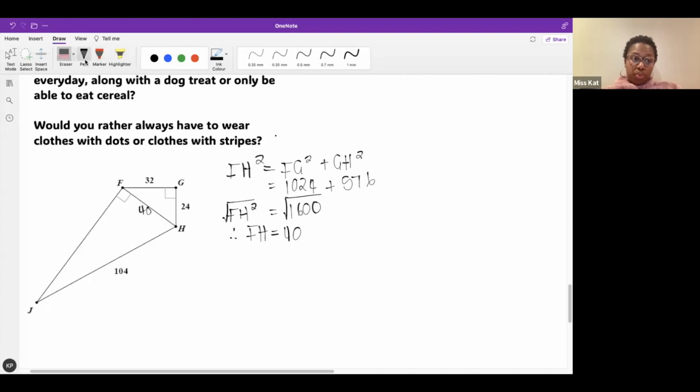Look carefully. The longer side is JH. Yes. So actually, JH squared is equal to FH squared plus JF squared. Beautiful.